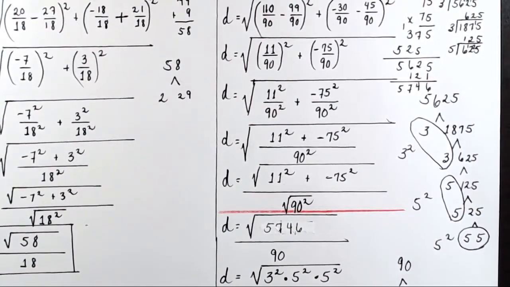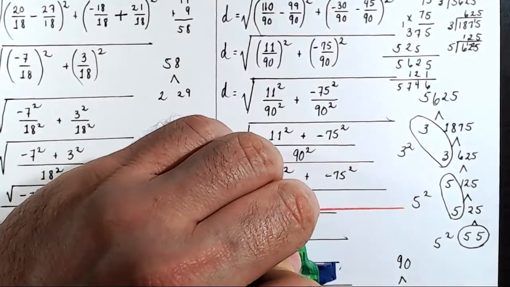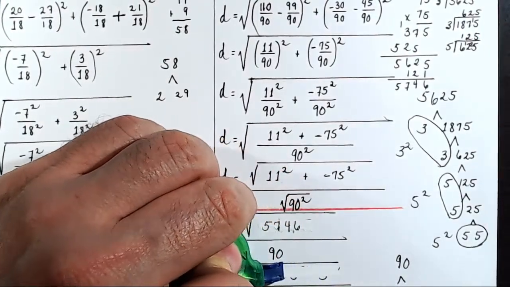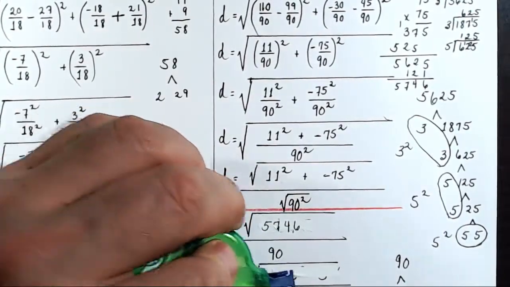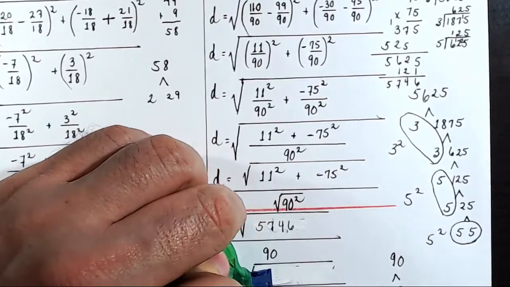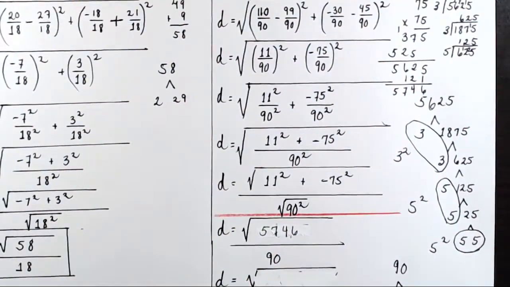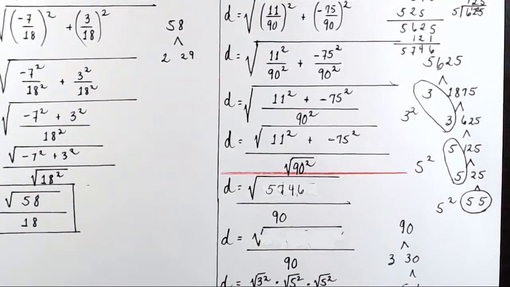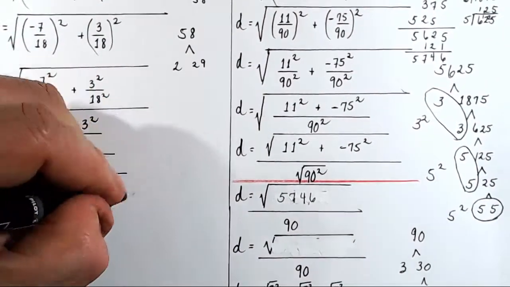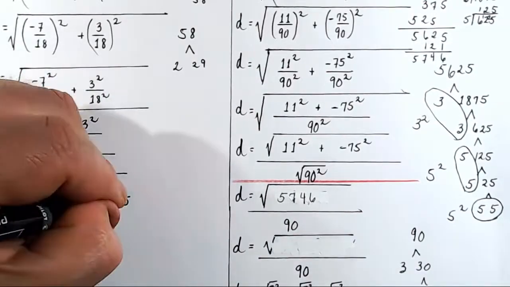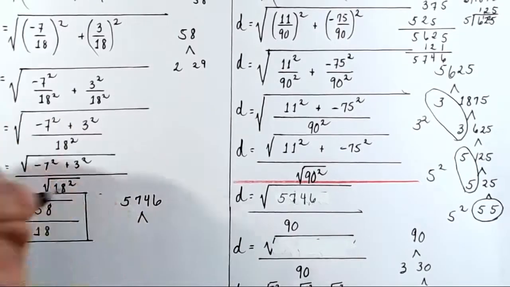So this is going to be something else. We'll see what that is here in a moment. But we got to factor 5746. So I'll do that over here. 5746. We'll break that down.